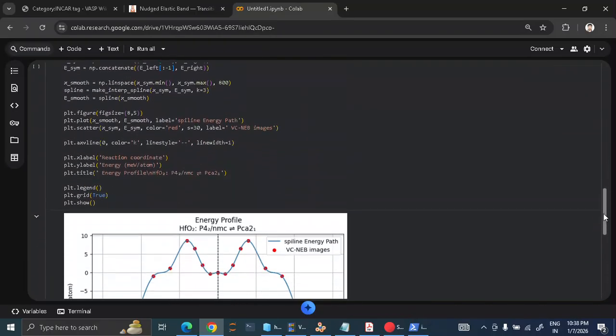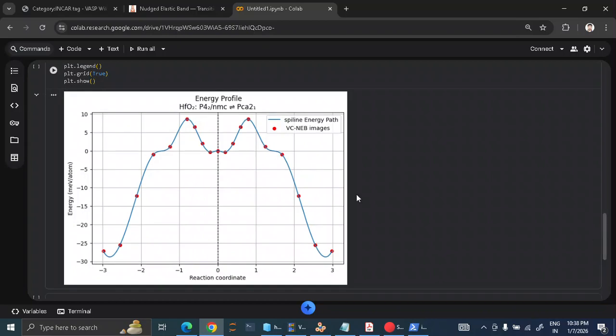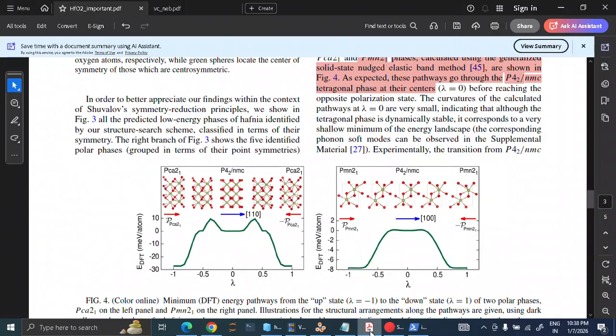I have also noticed that when atoms are moving in opposite directions, the energies are the same, degenerate. For the energy barrier, mine is less than 40 meV per atom. In this phase transition case, a lower energy barrier means a more accurate result, so my result is more correct than the paper result.